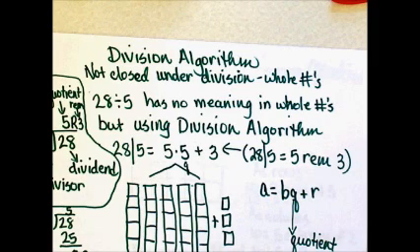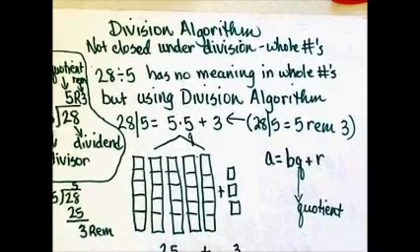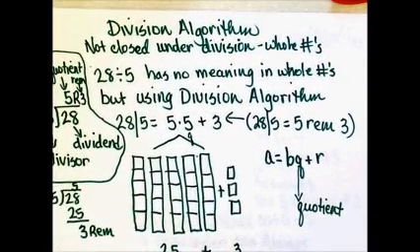Now, the division algorithm. Okay. I've got several things written here, and we'll just look at this a minute. Now, we talked about the division algorithm when we were changing into bases. And the thing that we need to remember is that division is not closed under whole numbers.